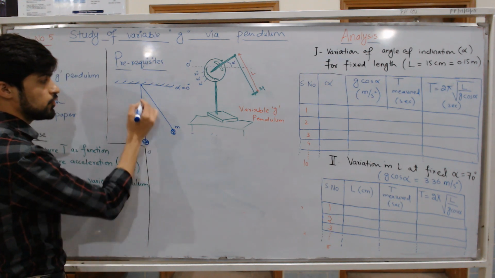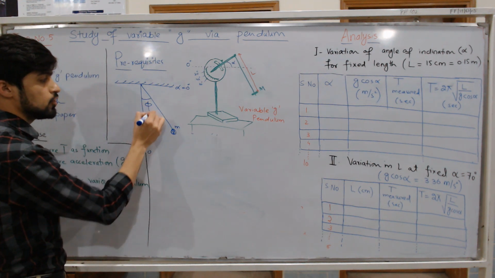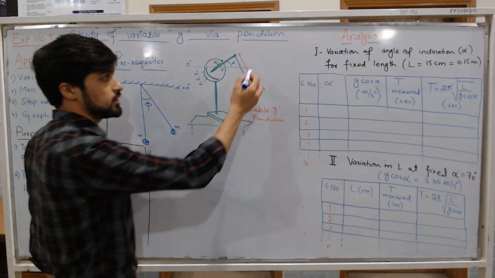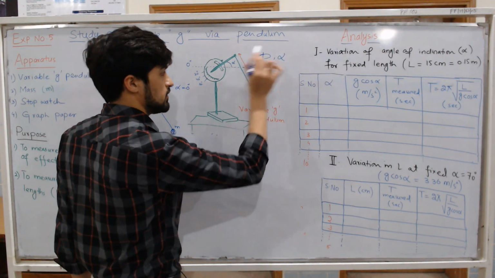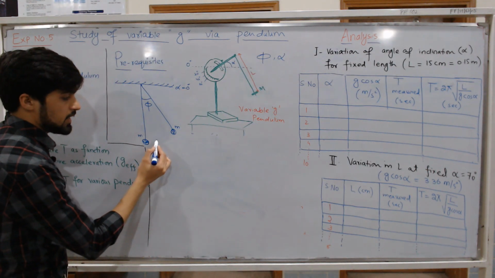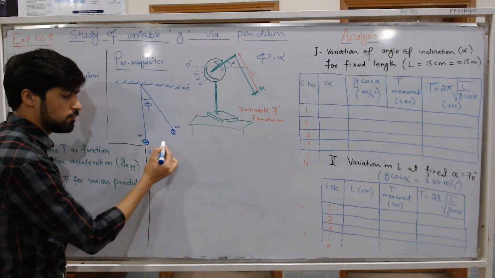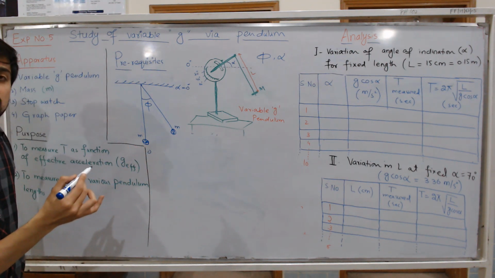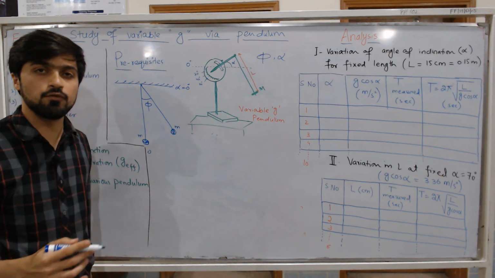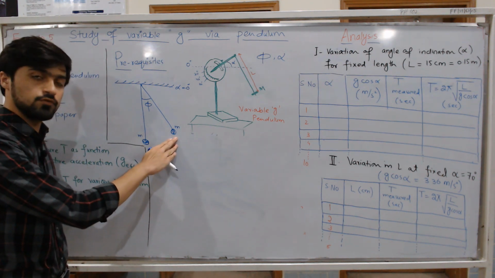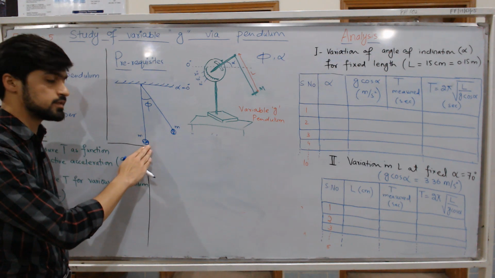So the pendulum will cover some angular displacement, and we call this angular displacement phi. So we know the difference between phi and alpha. So what happened when I displace this pendulum m? It will move back to its mean position, because there is a restoring force. The gravitational force is responsible to move back this pendulum to its mean position.